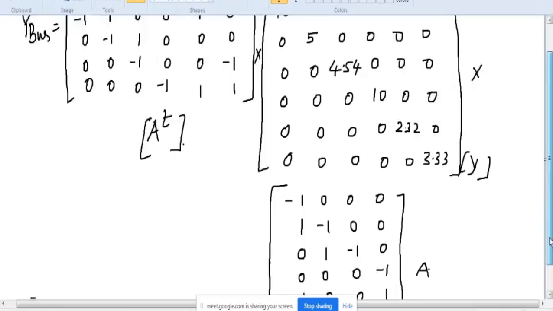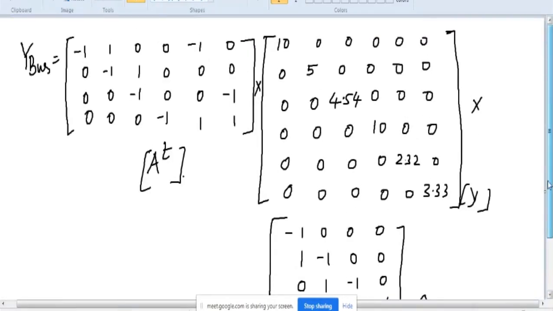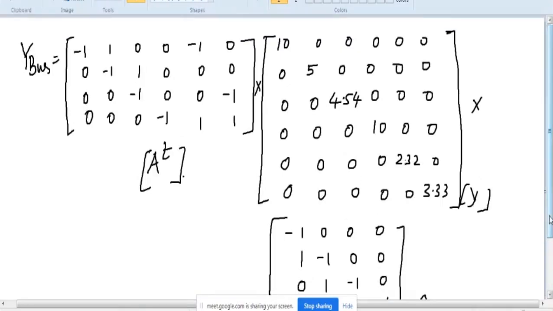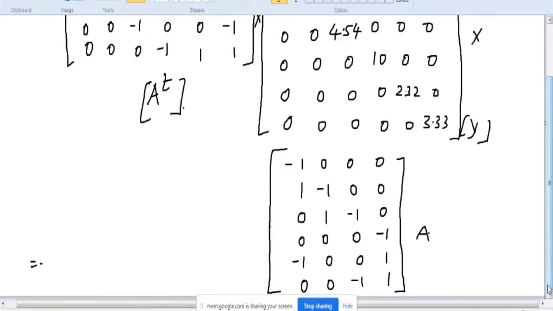In some problems, YBus, YBR and Z loop, all three parts are asked. Even in the MCQ part, they may ask such a question and give you 4 alternatives. So first you have to calculate all the things and then mark the alternatives. Only then will you be able to mark the MCQ, right?